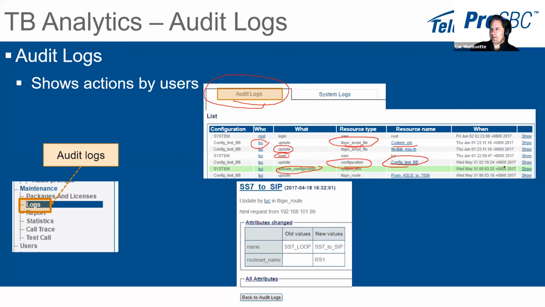So you can see that. If you click on show here, you will see data about what was changed. Okay. So attributes changed here, and then you can see all the attributes of that specific log. Okay. So you can also download those logs out of the system to see what was modified.